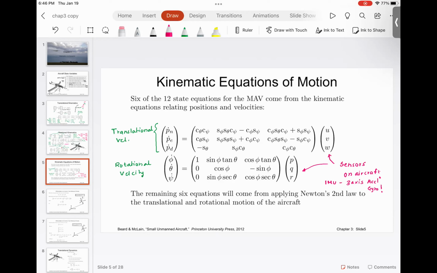Initially, here is how we start. First, we assume that the aircraft has 0 pitch, 0 roll, and 0 yaw. When the aircraft takes off, the gyroscope is going to measure some P, some Q, some R. So we will iteratively find out phi dot, theta dot, and psi dot.